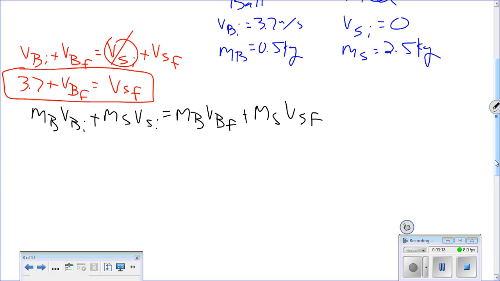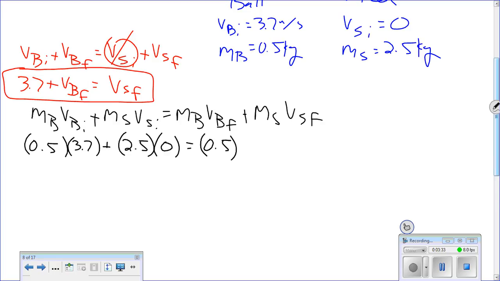So the mass of the ball was 0.5. The velocity of the ball initially was 3.7. The mass of the steel is 2.5. The velocity of the steel initially was 0. Mass of the ball was 0.5, velocity of the ball final, plus the mass of the steel is 2.5 times the velocity of the steel final.